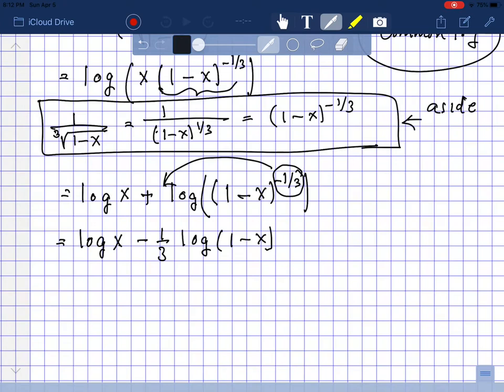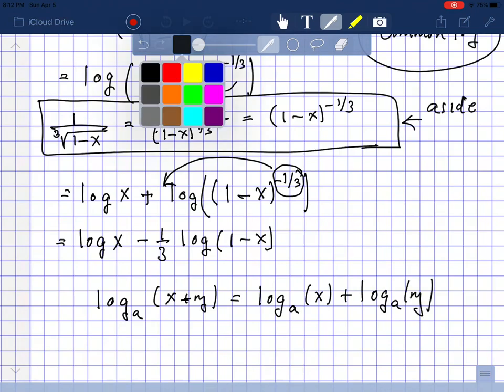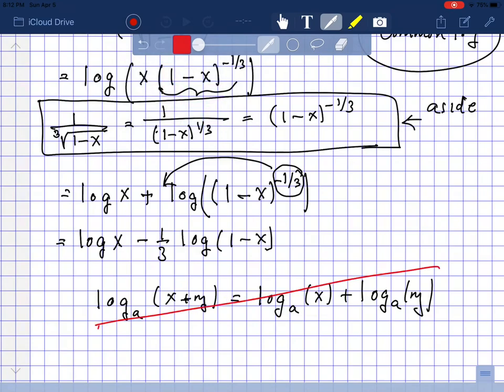One of the things that a lot of people get wrong is they think that there's an identity of the following form, that the log base a of x plus y, a lot of times they write this as the log base a of x plus the log base a of y. And this is not true. Doesn't work, okay? So that's why we can't proceed any farther here.